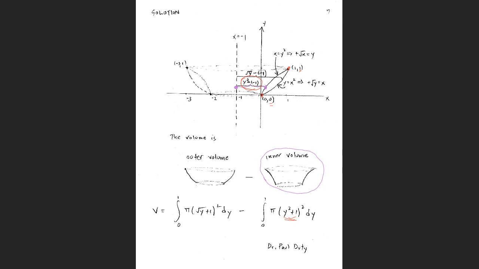The integration is not that hard in these problems, but what is a little bit of a challenge is finding the right way to get the volume. But if you draw a picture and you're careful about it, you can get the right expressions, and then it's just a matter of integration.